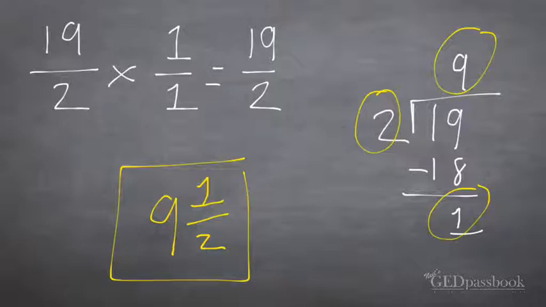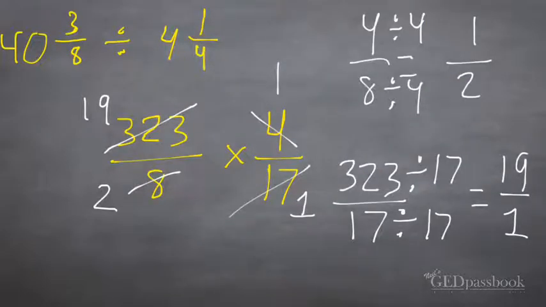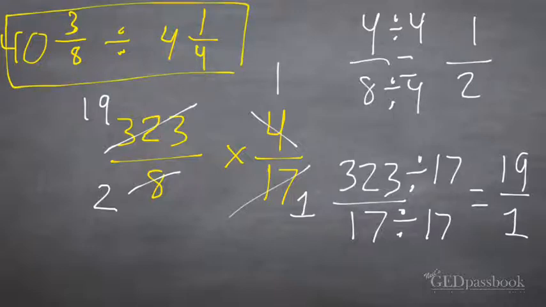That was a big one, right? Luckily for you guys, you don't have to deal with too much like those in today's worksheet. But nonetheless, that showed everything. From our original problem, we used all our steps. We converted it into an improper fraction. We didn't want to multiply 323 straight across by 4, although you could.